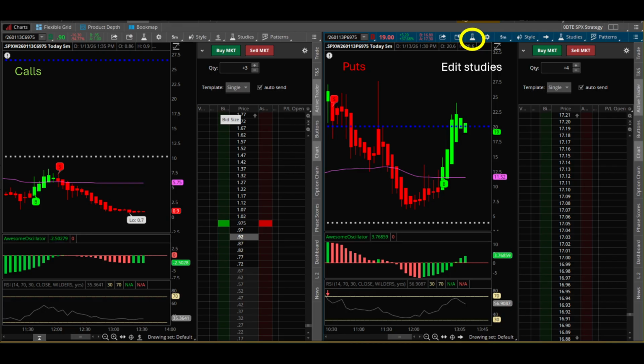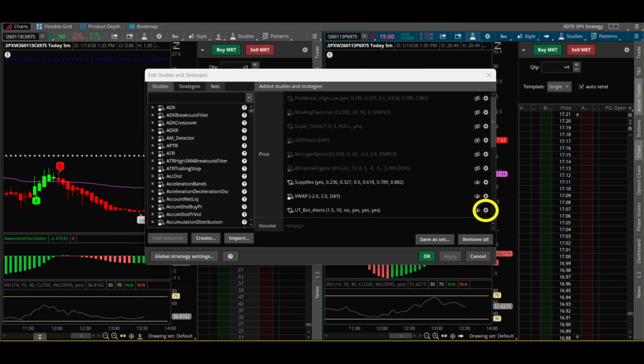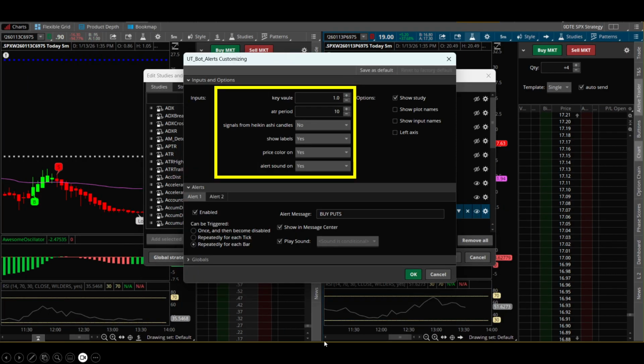Notice the calls are on the left side and the puts are on the right. To make sure your settings are the same as mine, click the Edit Studies button at the top. Then click Settings and make sure the key value is 1.0 and the ATR period is 10.